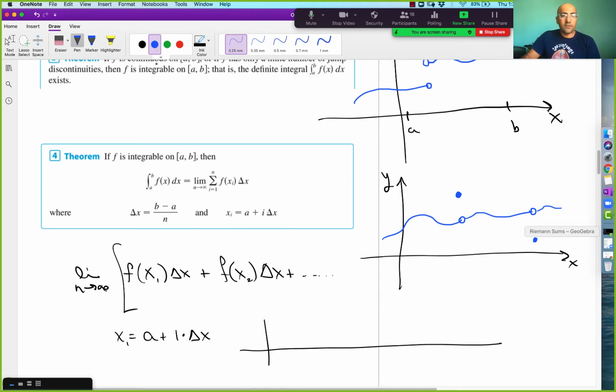Does that make sense? We have a function that does this, and we go from a, and I'm going to exaggerate this a little bit and go way out here. Then this is going to be our first rectangle. We're going to let x sub 1 be equal to a plus delta x. Remember that the width of each one of these rectangles is going to be delta x.